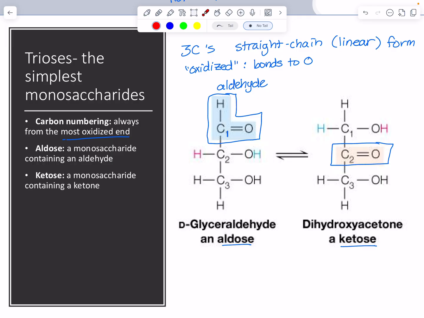An aldose is a monosaccharide containing an aldehyde, and the carbons are numbered beginning at the aldehyde carbon. A ketose is a monosaccharide containing a ketone group, and the carbons are numbered so that the ketone carbon has the lowest possible number, so the ketone carbon is number 2.